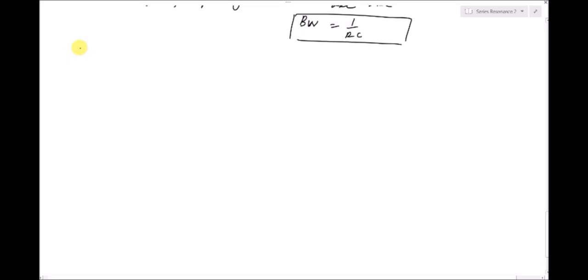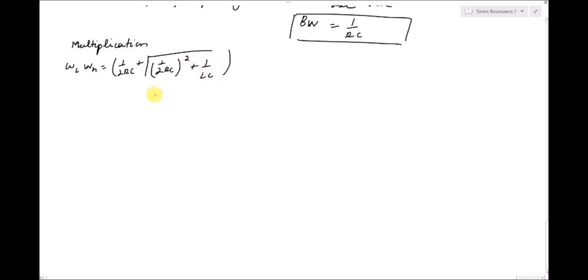Now for the multiplication of the upper and lower cutoff frequencies, omega low into omega high will be equal to 1 over 2RC plus under root of (1 over 2RC) square plus 1 over LC, into minus 1 over 2RC plus under root of (1 over 2RC) square plus 1 over LC.